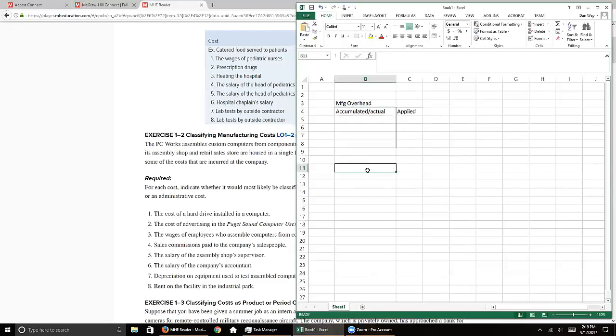So in my depreciation example for that testing equipment, I would see a debit to manufacturing overhead for whatever we're calling this number, and then a credit to accumulated depreciation testing equipment for that same 1,000, right?